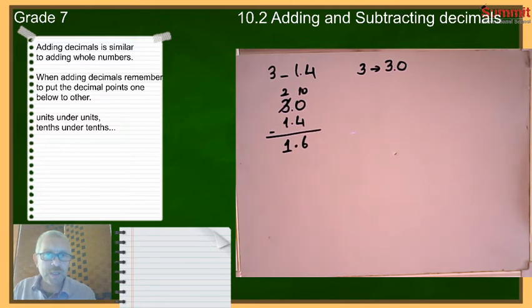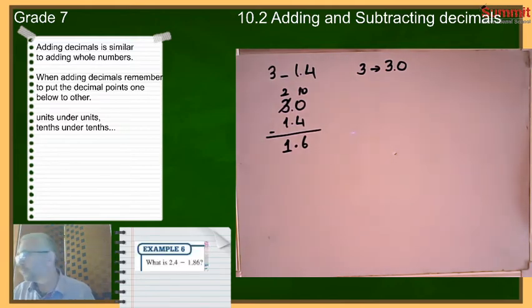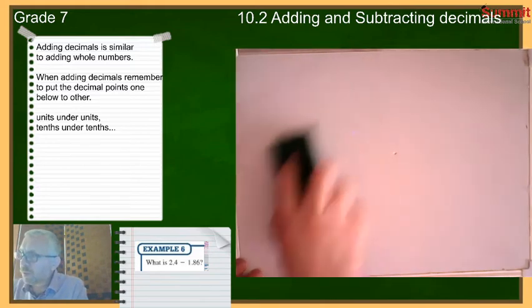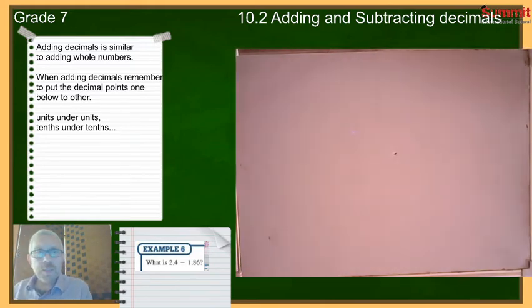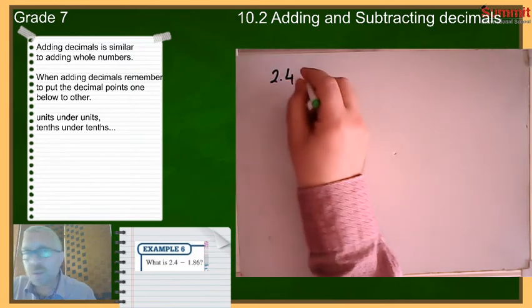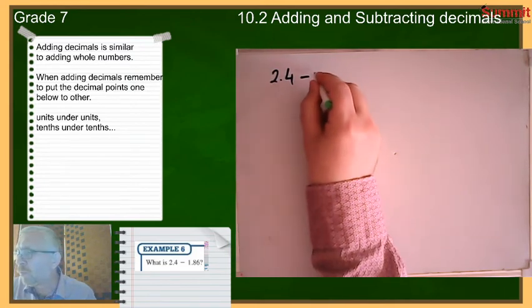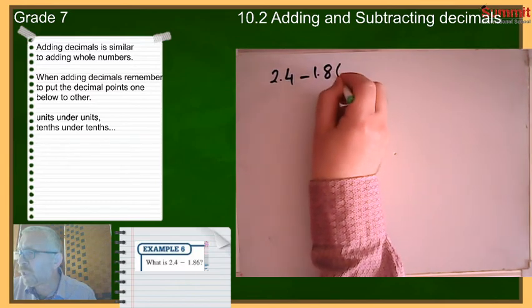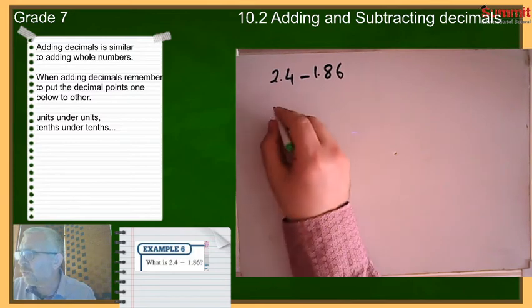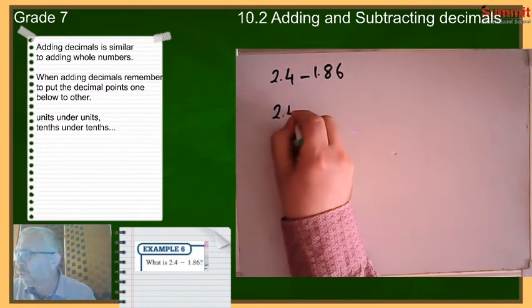The next example is this one. Now let's say 2.4 subtract 1.86. Now let's do our subtraction directly here. Let's write 2.4.